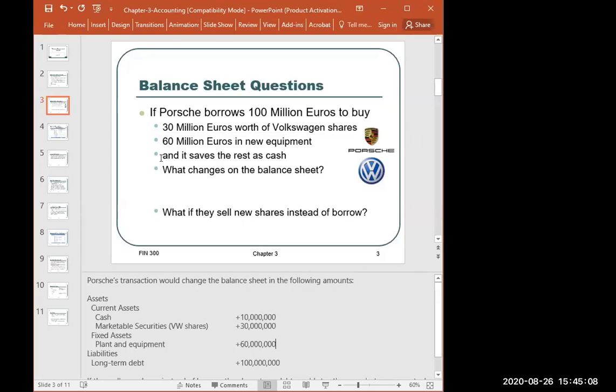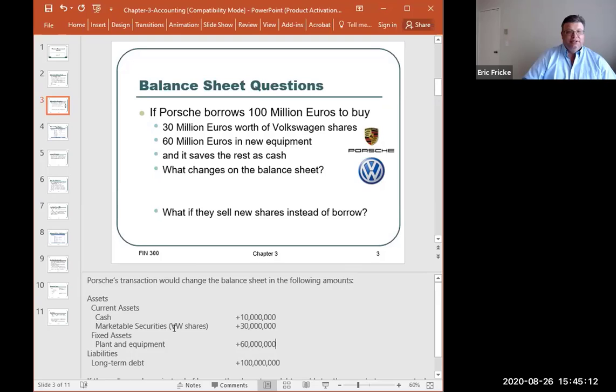I have a question. Why is it fixed and not current? Well, current is something that has a life of less than a year, like the duration. So current assets are things that can be bought and sold very quickly. And if it's an accounts receivable or something like that, it hopefully has a life of less than a year.